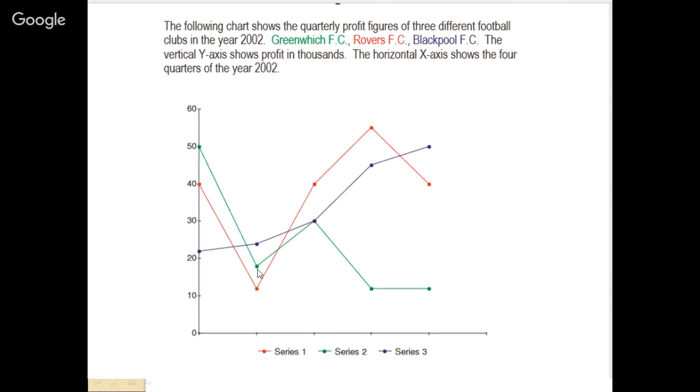Now, when we look at this point and we go across to the number section, we realize that this point is below 20. Can anyone guess what figure you would put this at? Is it 18 or is it 19?